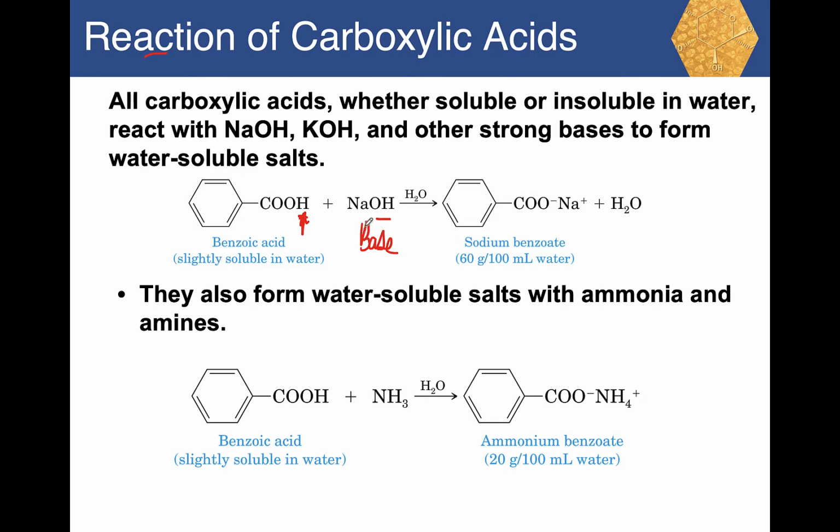Proton here is hydrogen. So let's look at this reaction. Benzoic acid has this hydrogen. After the reaction is done, the hydrogen is not here, but replaced by Na+. That's a salt. And let's look at the OH here. The OH grabs this hydrogen and forms water.